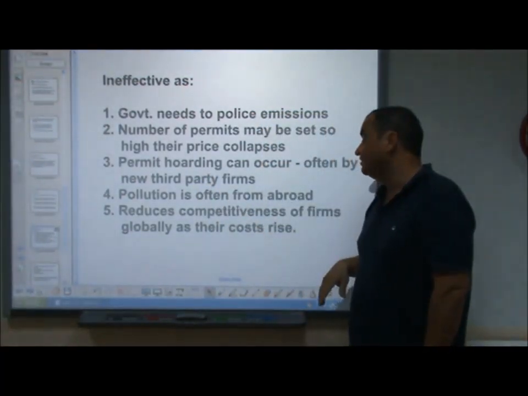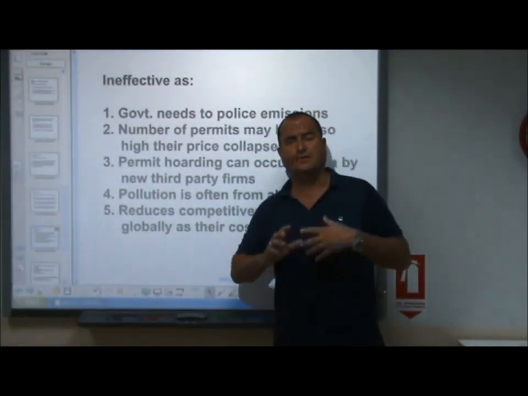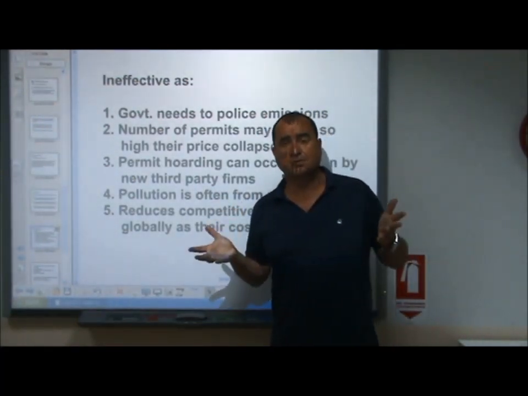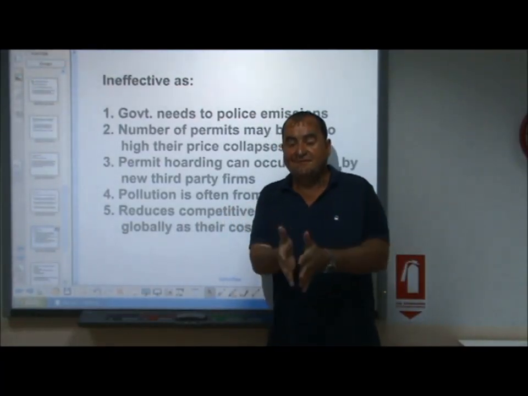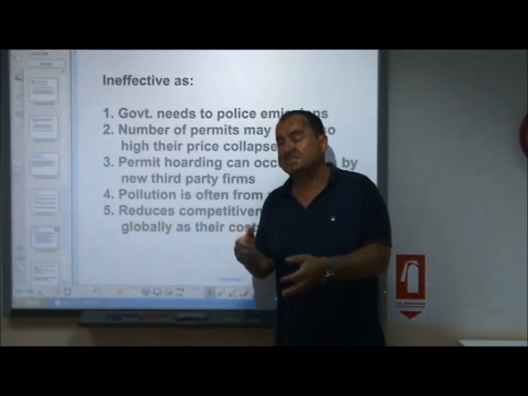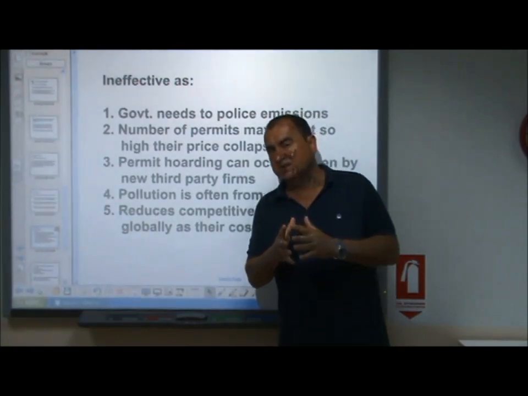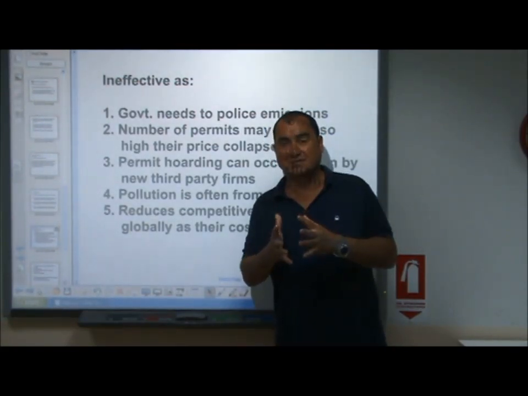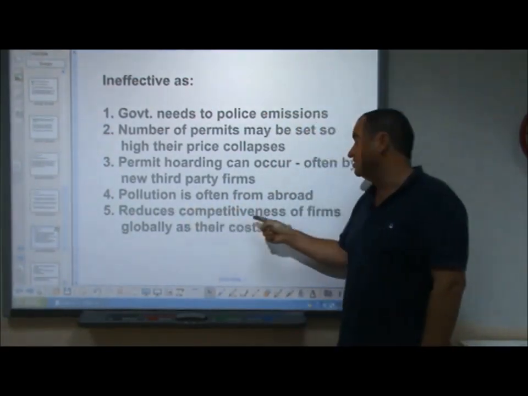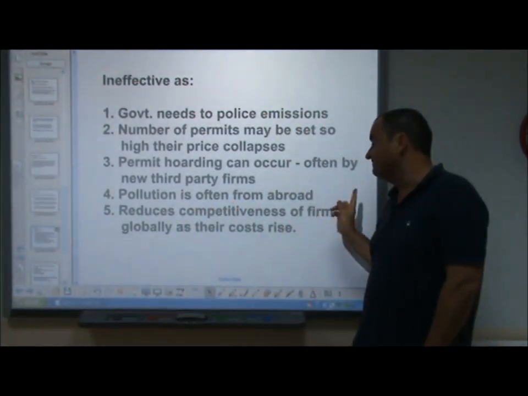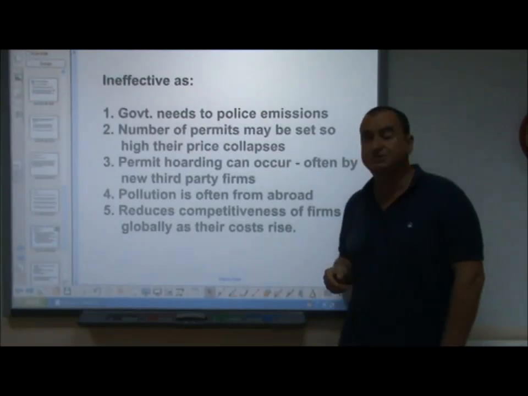Fourthly, the pollution is often from abroad. If we're talking about atmospheric pollution, well, atmospheric pollution knows no boundaries. So the efforts of one country operating a system such as this may have little international or global impact because of the pollution from other countries. And of course, it reduces the competitiveness of firms globally as their costs rise.